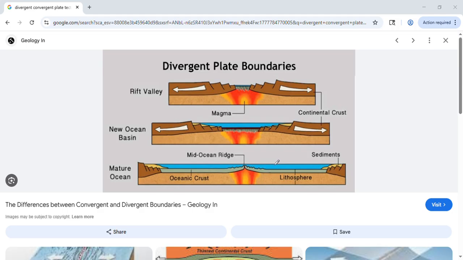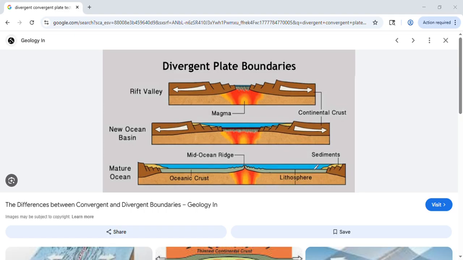Symmetrical magnetic stripes are found on either side of oceanic ridges, which prove seafloor spreading.